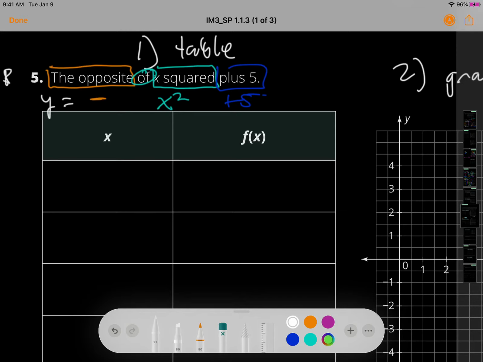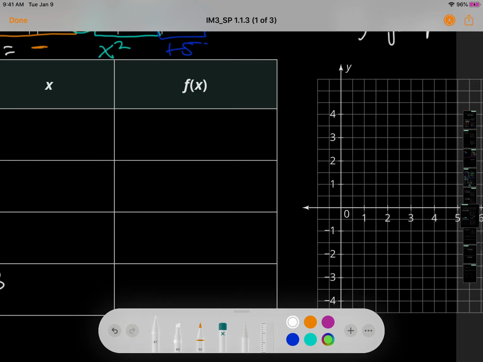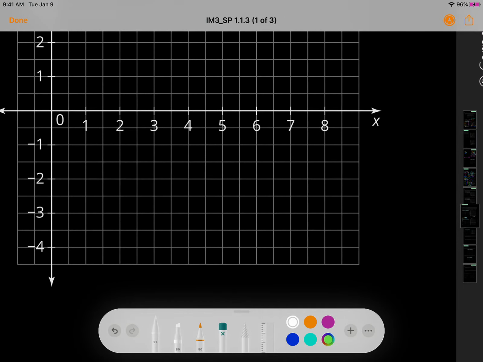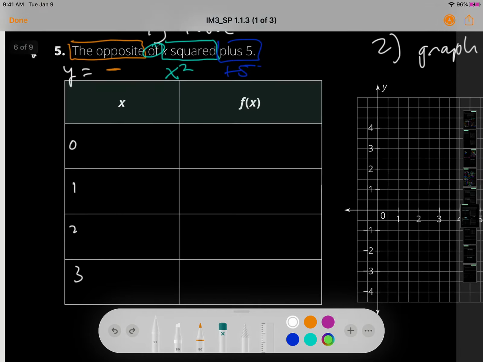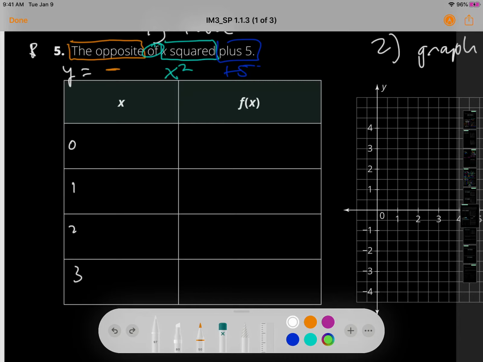Okay. Now, if you're making a table of values, let's just pick some numbers. 0, 1, 2, and 3. And if I look over here, I can kind of cheat because notice they don't have any negative numbers over here on the x. Okay, what do you do with these x values? You're going to basically put in your x value.